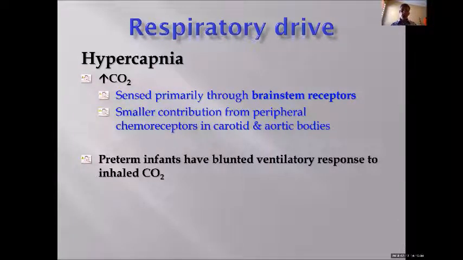For example, the respiratory drive is affected by hypercapnia, or increased CO2. The increment of CO2 is primarily sensed by the brainstem, with a smaller contribution from peripheral chemoreceptors in the carotid and aortic bodies.